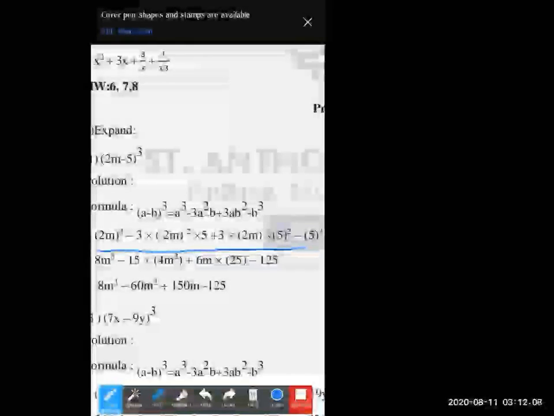That is a cube, meaning 2m cube, minus 3 into a square, which is 2m square, into 5, plus 3 into ab square, which is 3 into 2m into 5 square, minus 5 cube. Here nothing changes, only the first sign and the last sign change, and the method is the same.